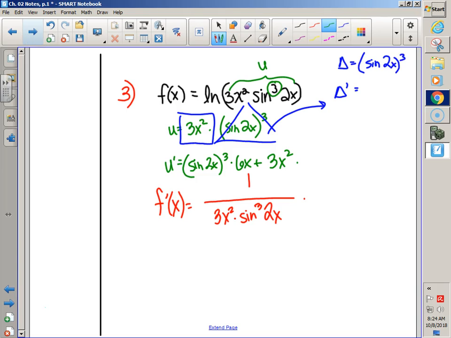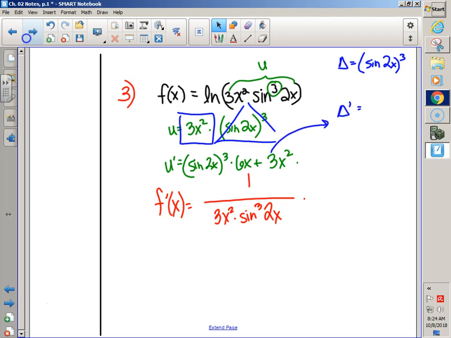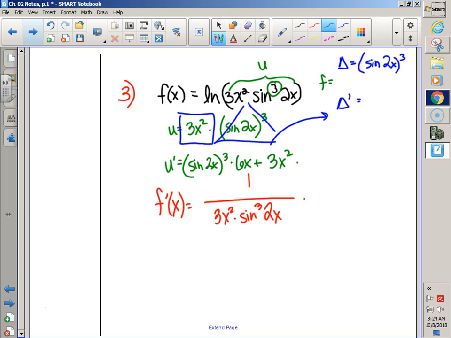Couldn't we technically break triangle down? And couldn't we say f is equal to u cubed, u is equal to sine of v, and v is equal to 2x? You guys agreeing with the pieces in that chain rule? I have something cubed, I have sine of something, and I have the something. There's my f, there's my g, there's my h.